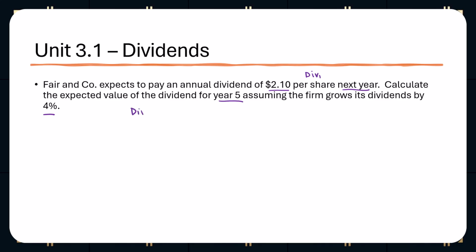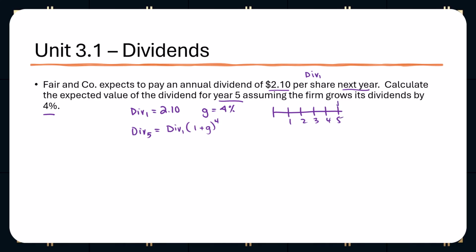We know the dividend that will be paid is $2.10. We know that dividends grow at a 4% rate, which we're going to call G, and we're trying to find the dividend at the end of year 5. So we're going to take Div 1, multiply it by 1 plus G, and raise that to the 4. Now, why 4 and not 5? Because we don't have the time 0 cash flow, we have the time 1 cash flow. If you draw your timeline, here's time 1, 2, 3, 4, 5.